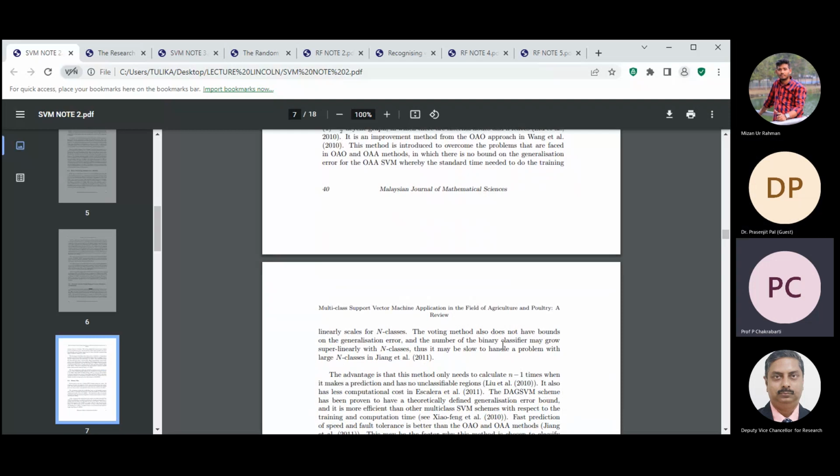Suppose you train n number of classes, then the voting does not have a bound on the generalized error. In this case, suppose a binary classifier, if there are two classes, that means to separate your features, there will be different types of distinct classifiers. So now 100% accuracy is not feasible.